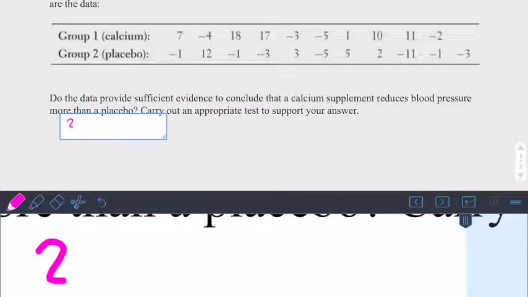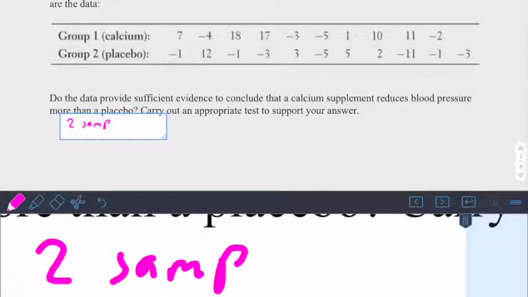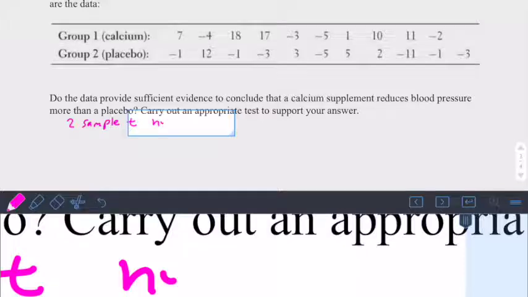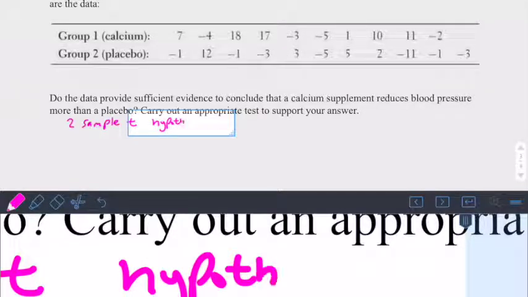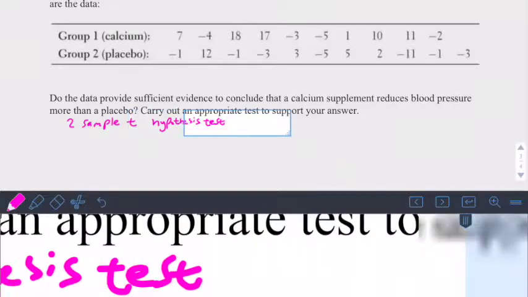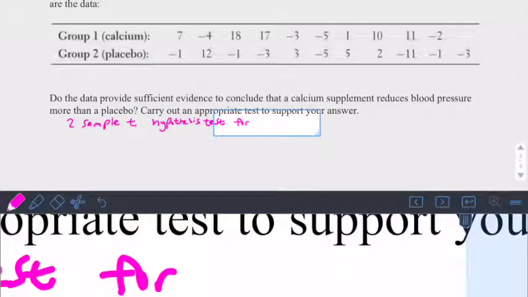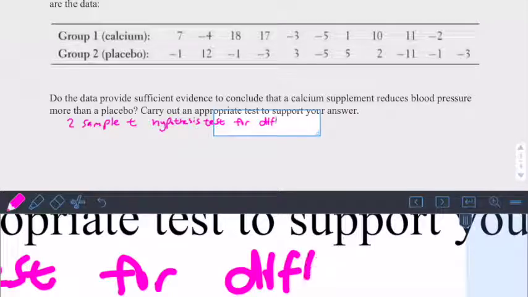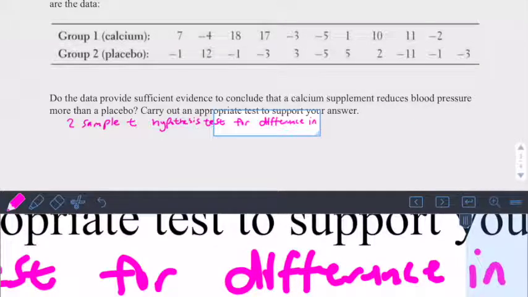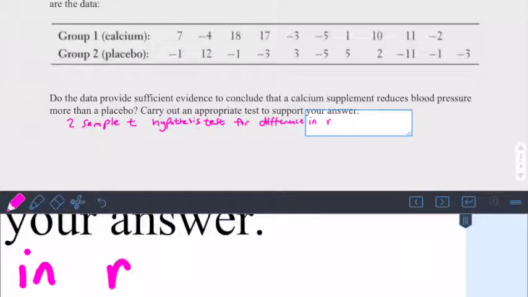So the test is a 2-sample t hypothesis test. And now we need the context for difference in blood pressure.